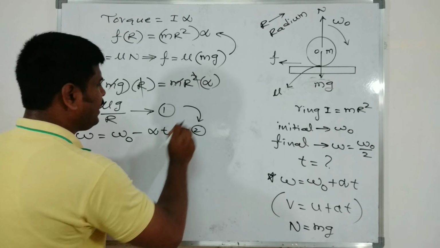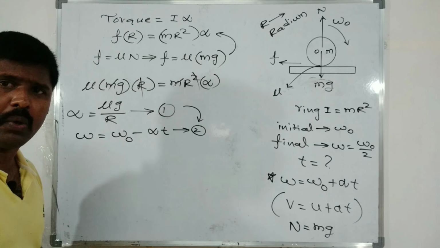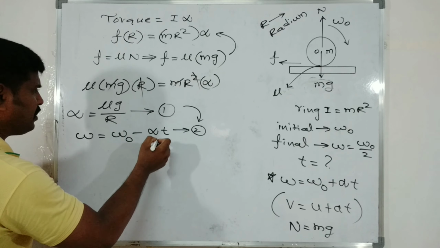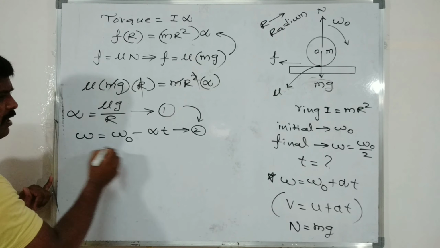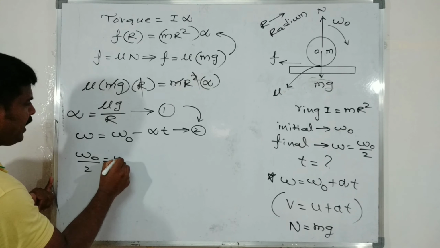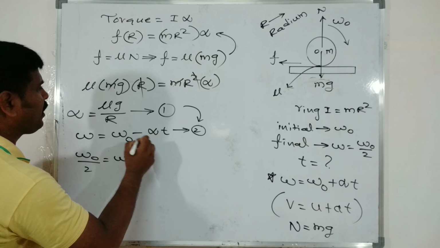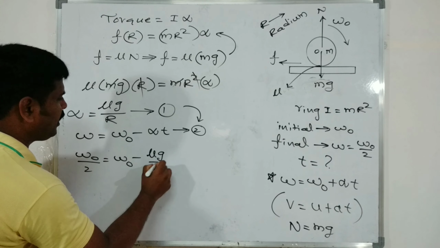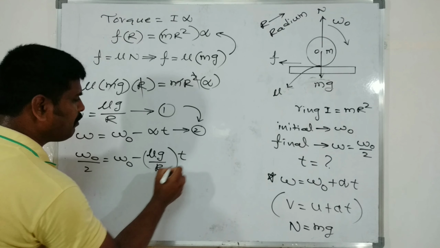Equation 1 is replaced in equation 2. Replacing omega with omega naught divided by 2 and alpha with mu g divided by r: omega naught divided by 2 equals omega naught minus mu g divided by r into t.